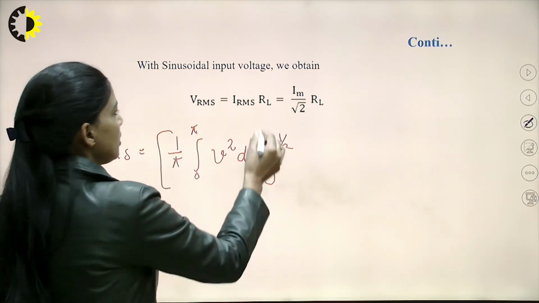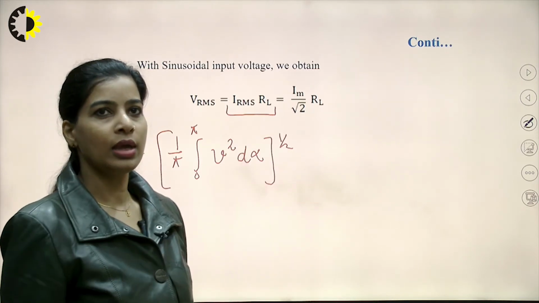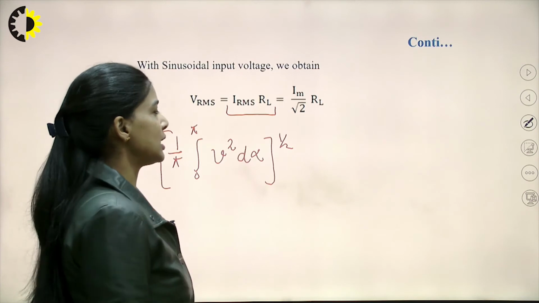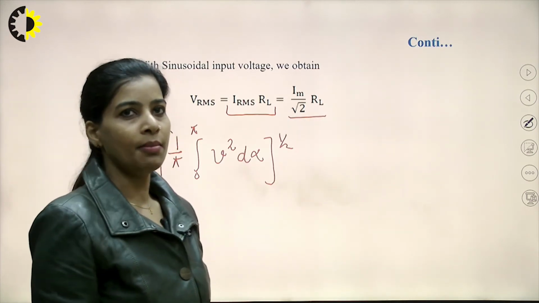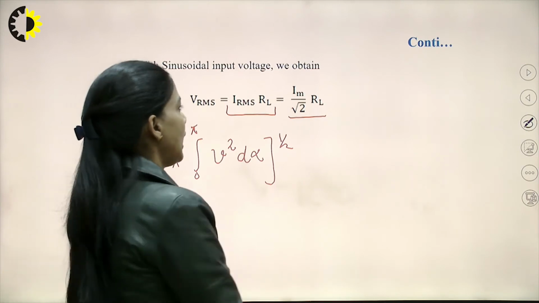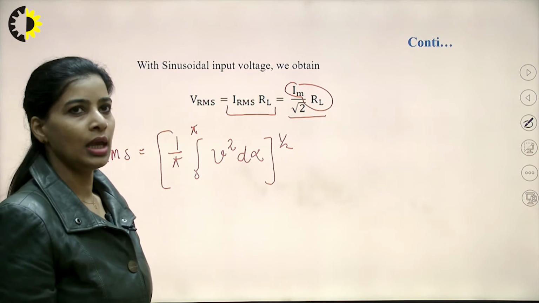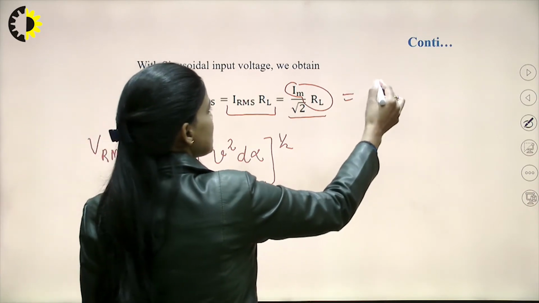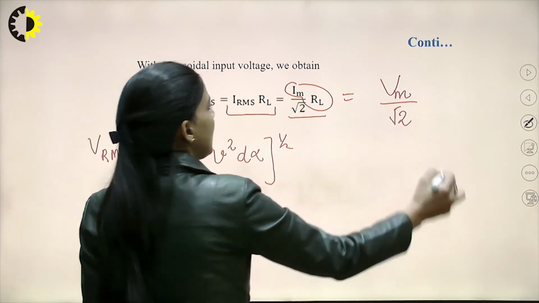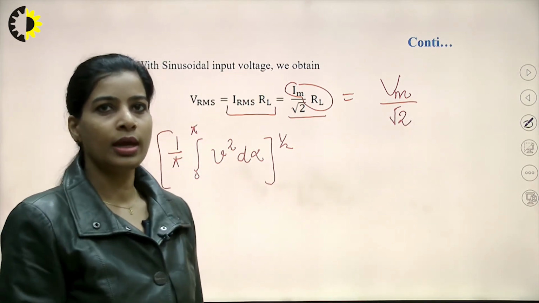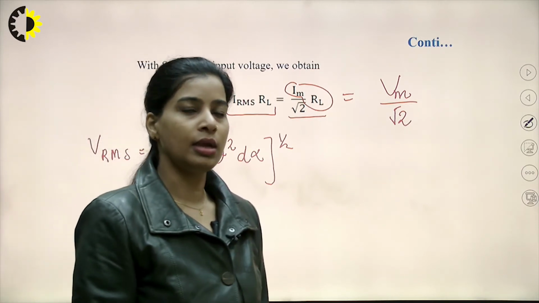Or we can simply multiply the RMS value of current that we have calculated by the load resistance. So, we get Vrms as Im RL by root 2, and further we can write Im RL as Vm, and we get Vm upon root 2 as the root mean square value of the voltage for full wave rectifier.